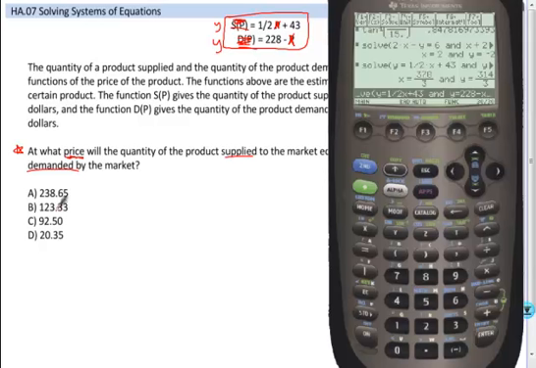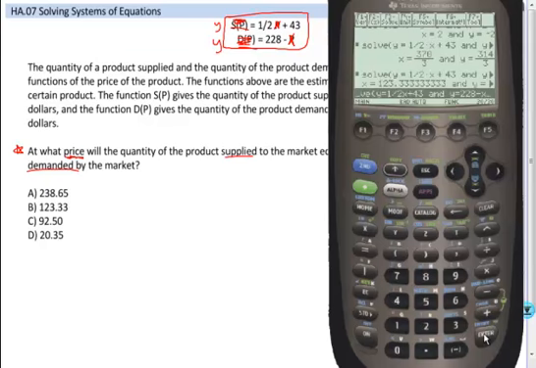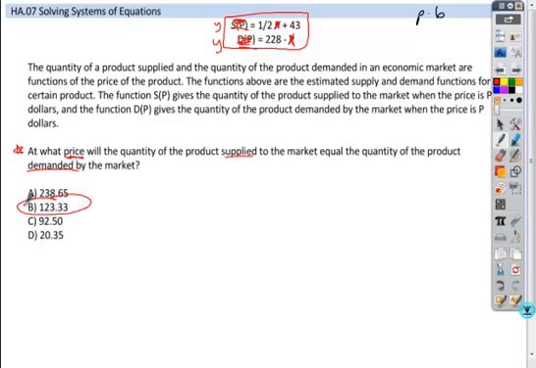Here I do want it in decimal form, so if my calculator's not set to approximate mode where it gives everything as decimals, if you just hit the diamond button where this little decimal or diamond symbol is highlighted and hit enter, it'll display your answer as decimals. Okay, so here's my x value, 123.33, my y value, 104.66. So I know that my solution for this problem will be choice B.